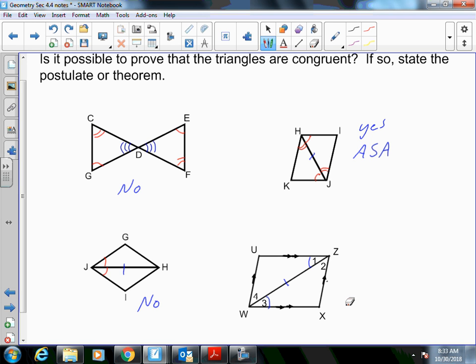And alternate interior angles are congruent again. So 4 and 2 would be congruent. And so now we've got an angle, a side, and an angle congruent to an angle, side, and an angle. So yes, and it's by angle, side, angle.